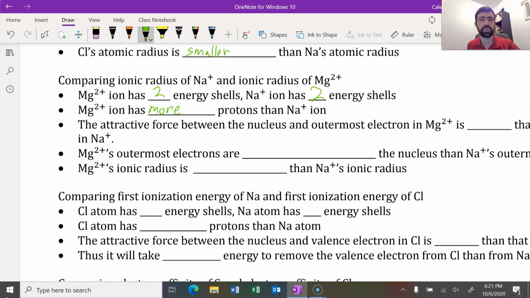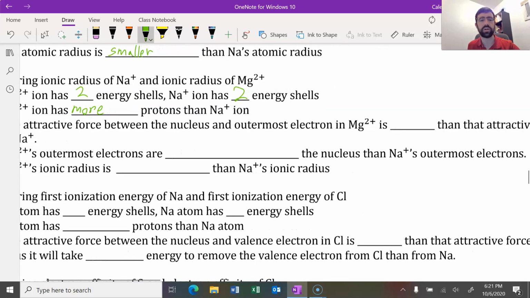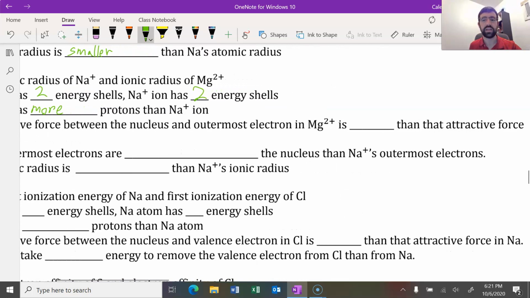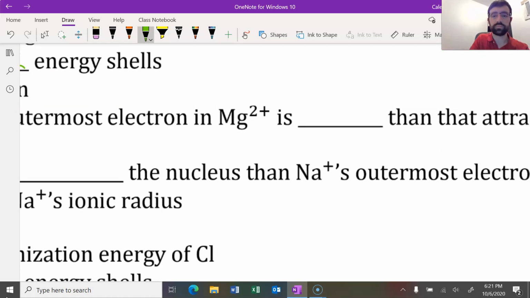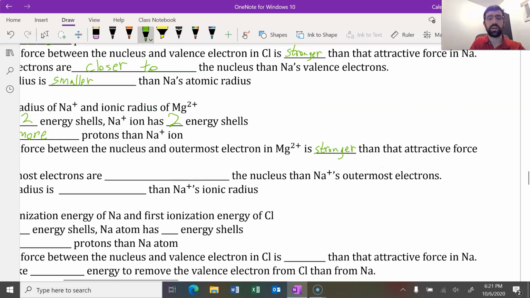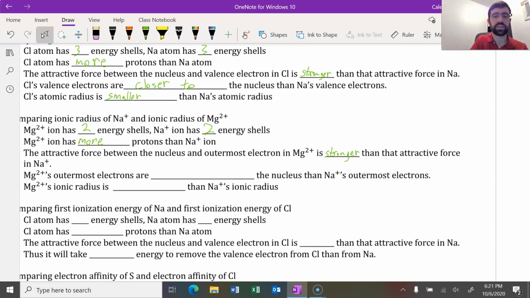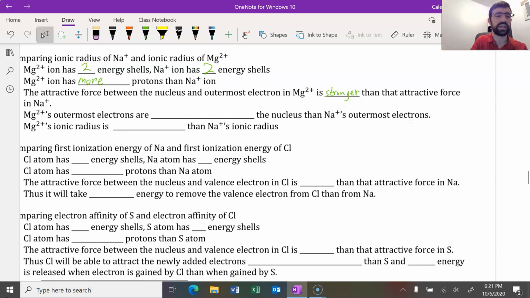The attractive force between the nucleus and the outermost electron in Mg2 plus is stronger than the attractive force in Na plus.